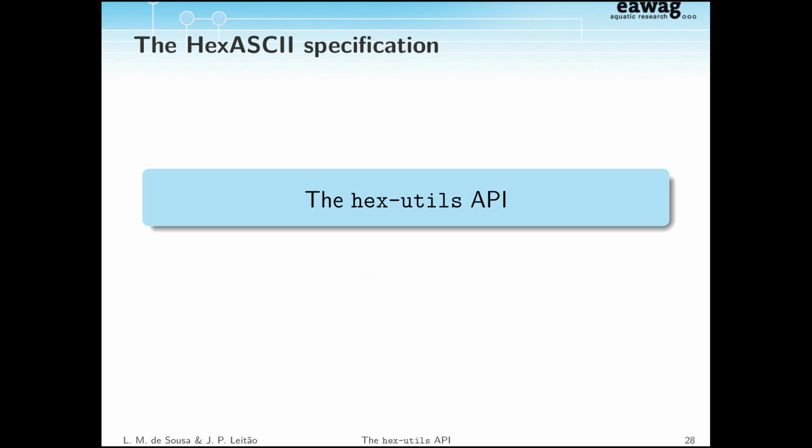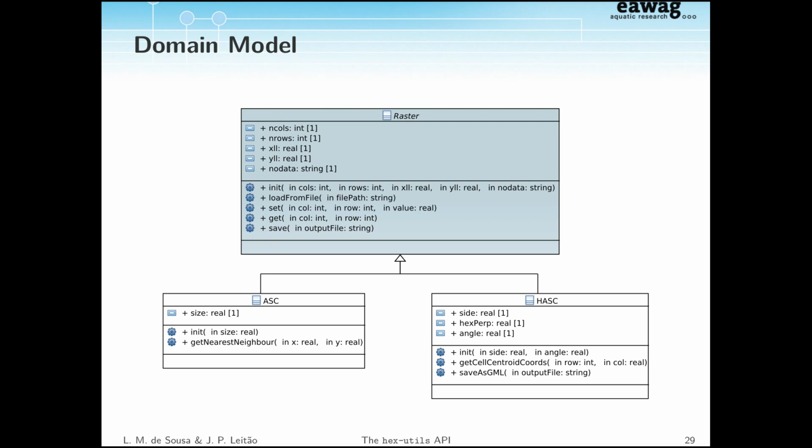And now we come to the Hex-Utils API, the software that allows us to work with this kind of grids, meshes. Excuse me. So there is a domain model. The main model has the base concept of a raster, including the metadata that defines the raster, defines the geometry, positions the mesh in space, and then it has some methods to read and write the raster from this.